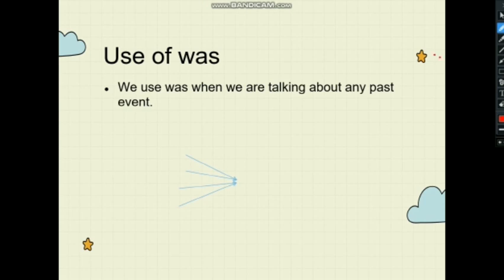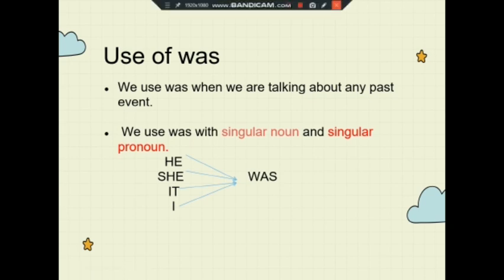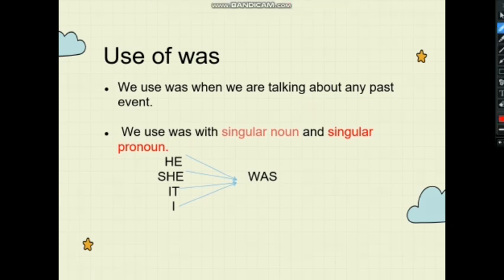Now let us take another example and see how it is used. We are using them with the singular noun and singular pronouns. The singular nouns are he, she, it, and I. We are using the was with he, like he was singing, she was dancing, it was raining, I was sad.